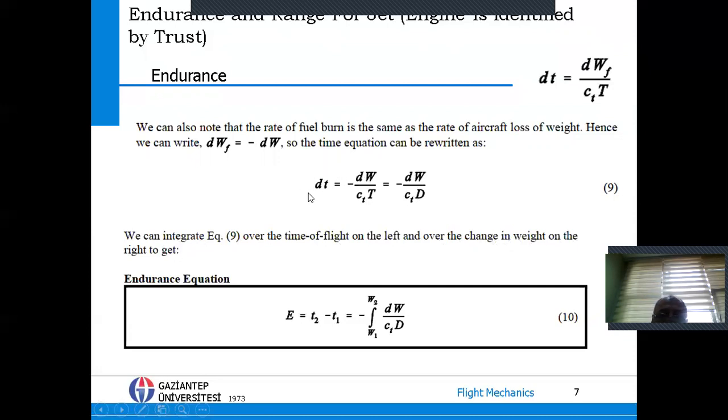So here we have time of a flight, and here we have change of the weight.